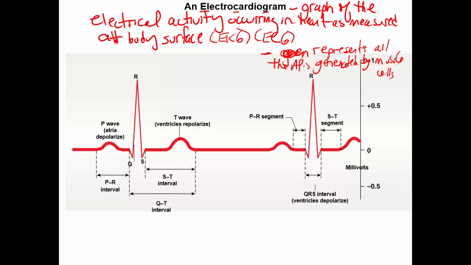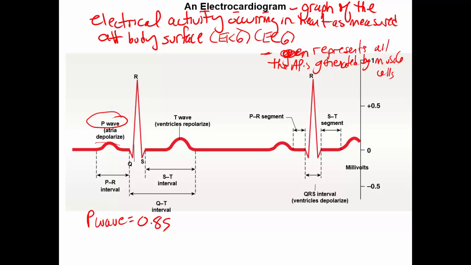The first wave is called the P wave, and this represents all the action potentials that occur as the atria depolarize. The P wave has an average time of about 0.8 seconds. So give or take, it's around 0.8 seconds.